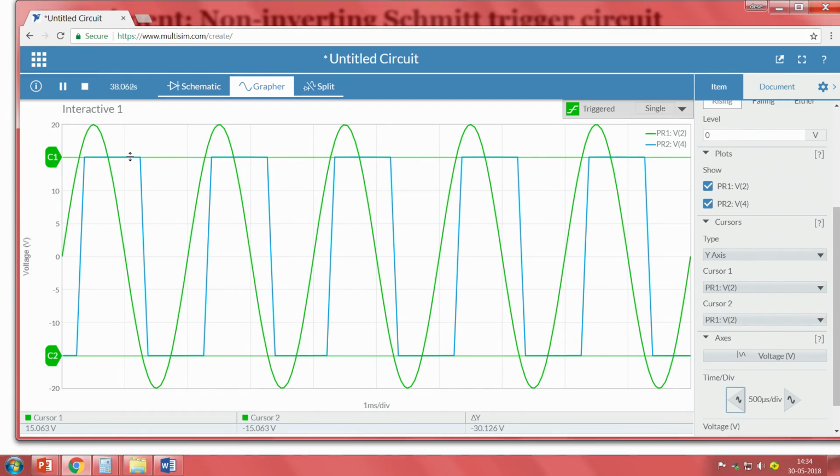So, that is why we can see this is already at plus VCC. When the input just crosses the minus VTL, the lower threshold value, then it goes to minus VCC, right. Makes sense, clear, right.